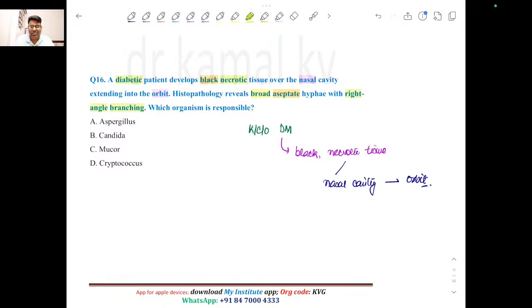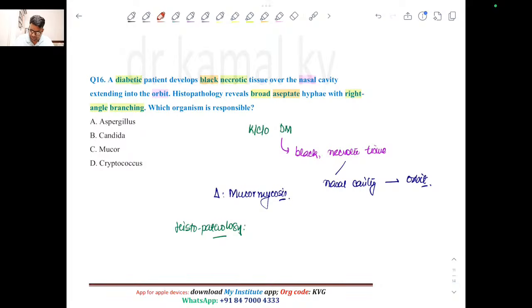So, this is classical mucormycosis, right. Now, what else is given? Histopathology. That's very important, because at times this is straightforwardly asked, right. Very good, Bhuvana. Vikas, very good. Kakul, very good.